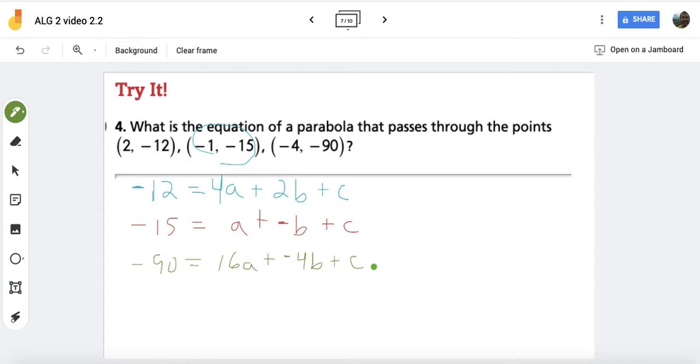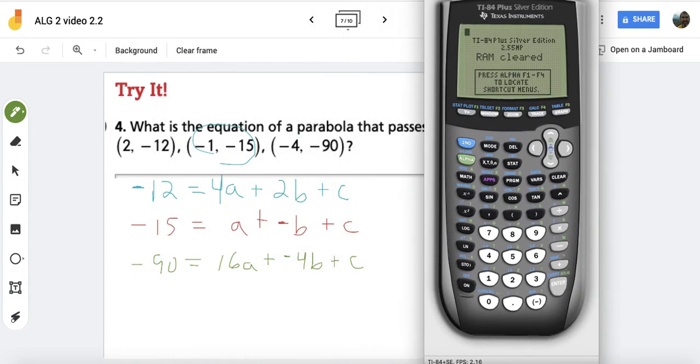And here's my system of equations to plug into my graphing calculator. Let's see, I didn't get that ready yet. All right, matrix. And I want it to be a 3 by 4. And the values are, remember, for an augmented matrix, you want to have these values on the far right.